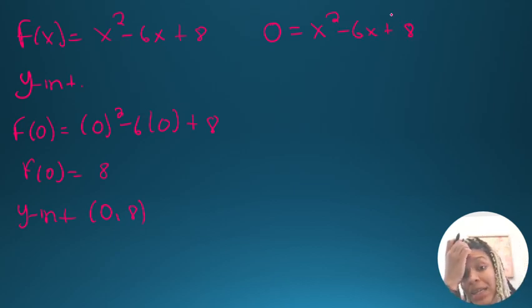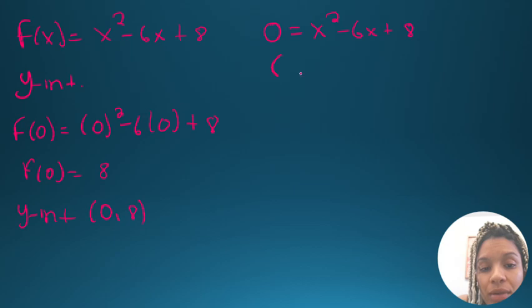So then here you have to make sure you think about, all right, out of everything that I have learned so far, what method can I use in order to solve this quadratic? One of the shortest ways, I will say, is to try to factor. So factors of 8 that will add to 6, I do believe that is 4 and 2. So this quadratic, I am able to factor it. So I have x minus 4 and x minus 2.